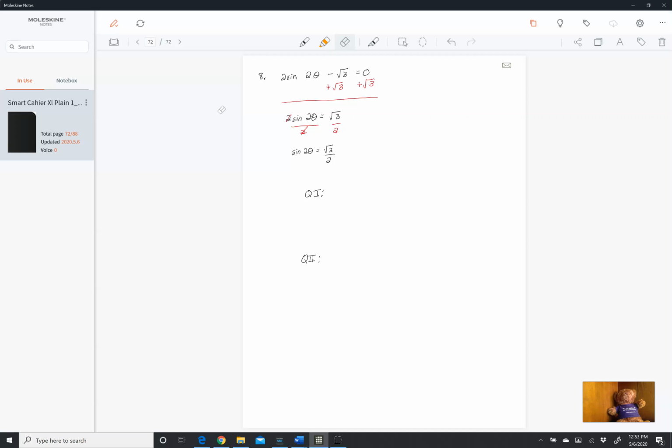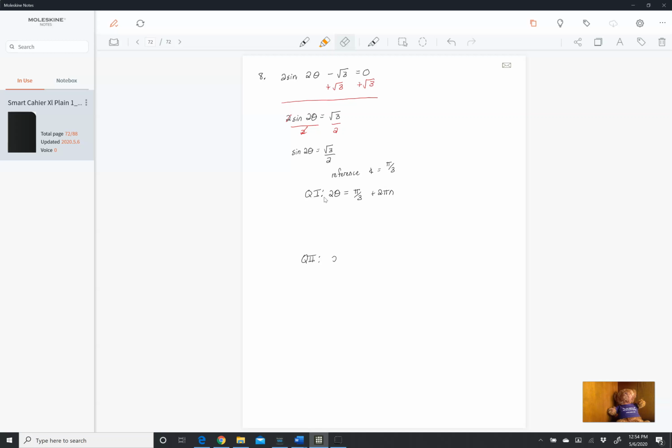And we have to find our reference angle. Our reference angle is pi over 3. That's the sine where the value is square root of 3 over 2. Okay. Quadrant 1. So it's not theta, it's 2 theta is equal to pi over 3 and then plus 2 pi n.